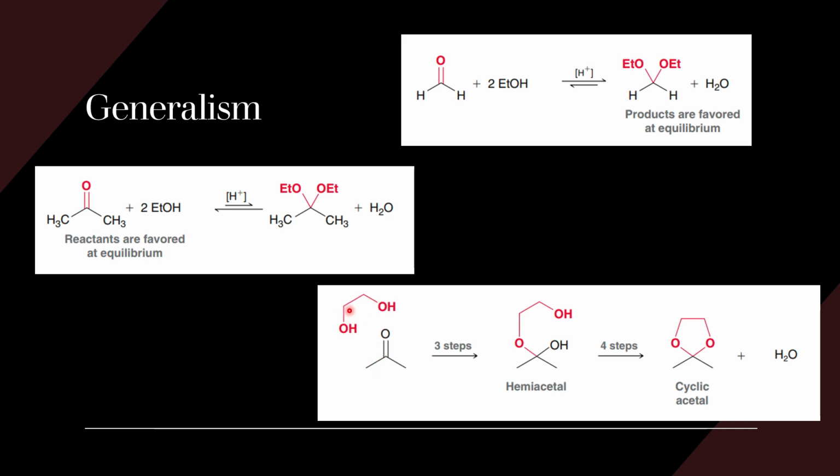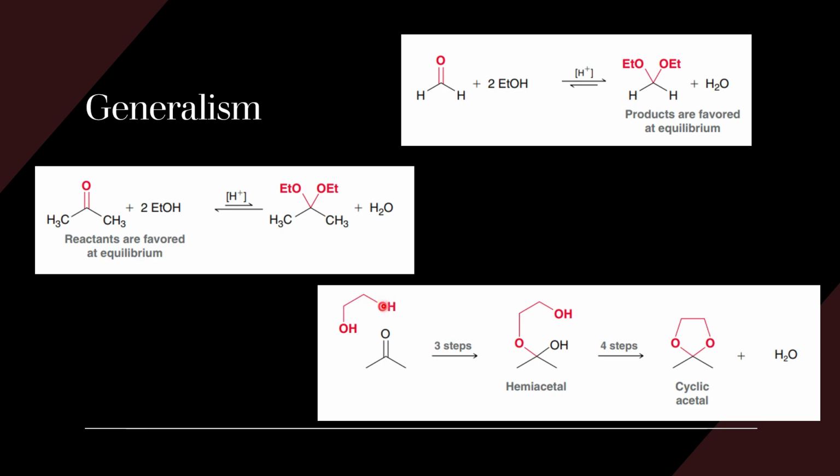This can also be used here. So you can see here with this reaction that we have this 1,2-ethane diol right here, and we're reacting it with acetone. And this is the simplest of the ketones. And you can see that in the end, we have an OR group right here, and an OR group right here.